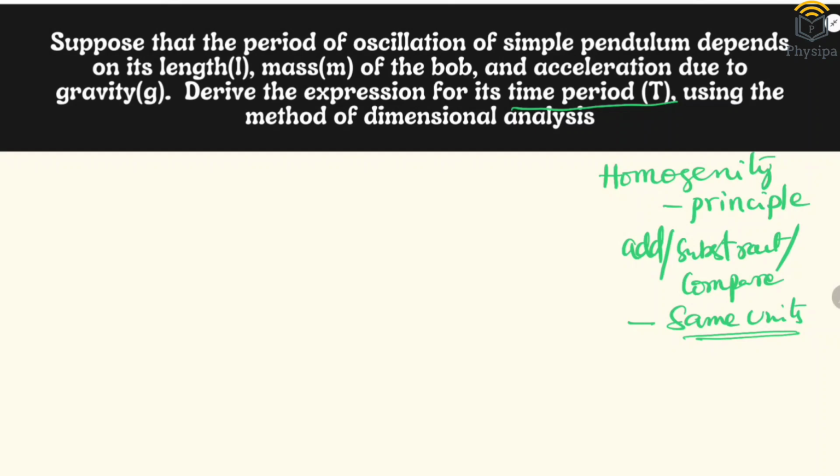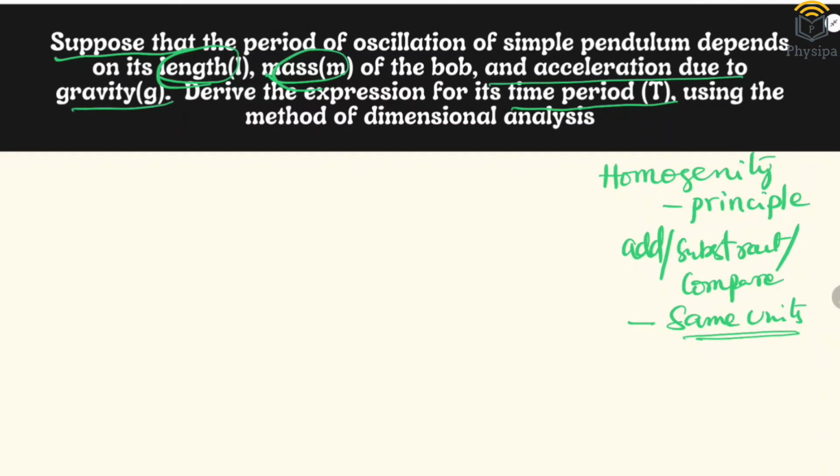Now carefully read the question. Suppose that the period of oscillation of a simple pendulum depends on its length, mass of the bob and acceleration due to gravity g.